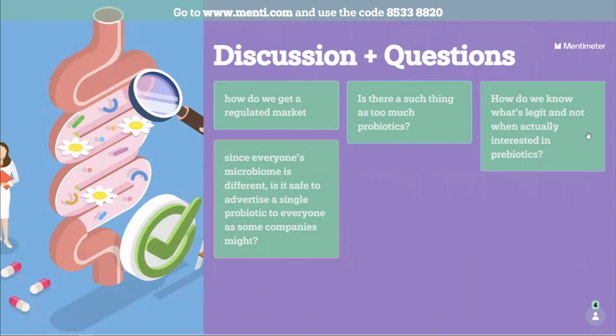How do we know what's legit and not when actually interested in prebiotics? You can do a little bit of research for this. Again, it depends on how things are advertised. Prebiotics are things like fibers, basically food for your gut microbiome.